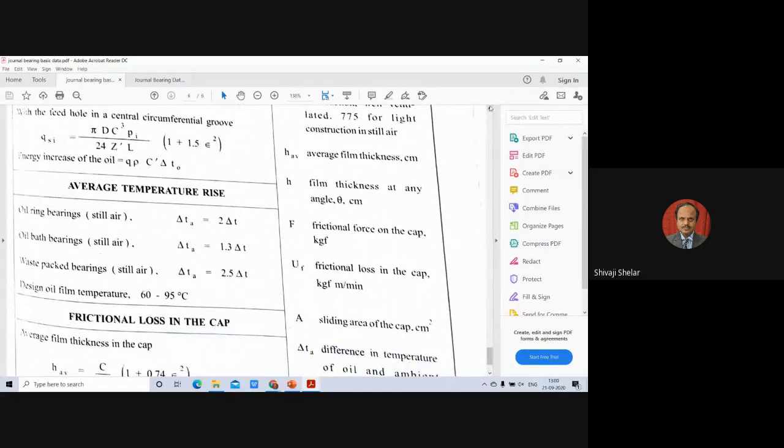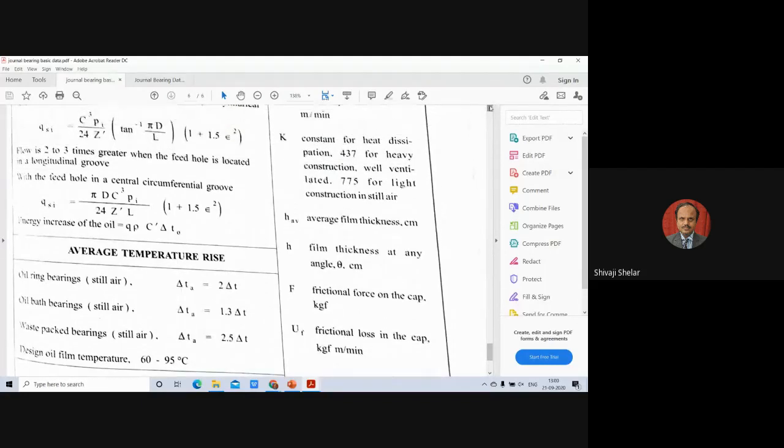The capital K value is a constant for heat dissipation: 437 for heavy construction, well ventilated. If there is proper ventilation around the bearing surface and a flow of air is maintained, that is forced convection, then you can take this K value as 437.